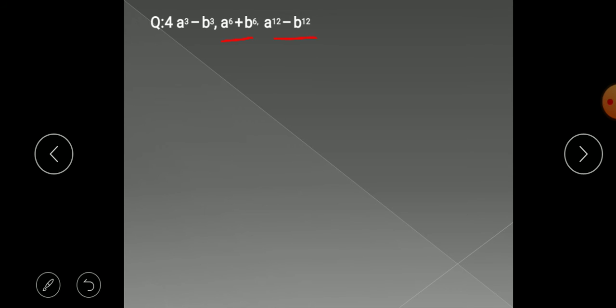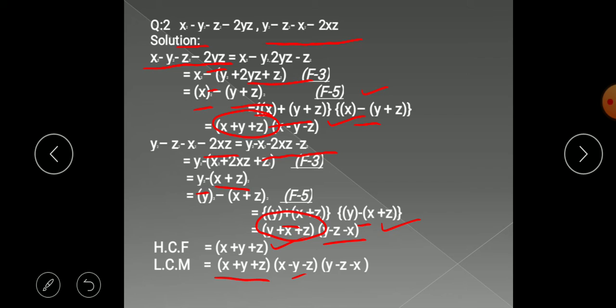Okay, so again what we will do, we will find the factors of these three terms individually, and then we will find HCF, and then finally LCM. Let me remove these signs so it will be easy for you to understand the terms.